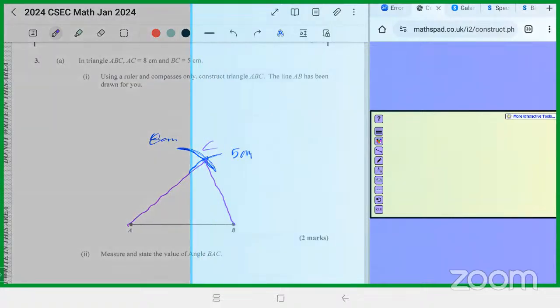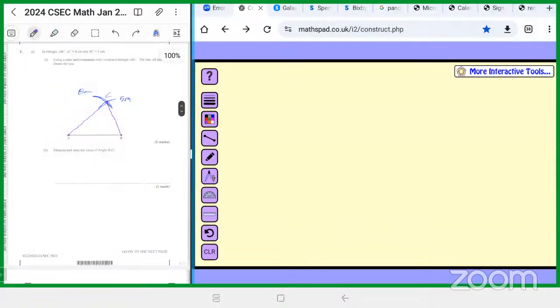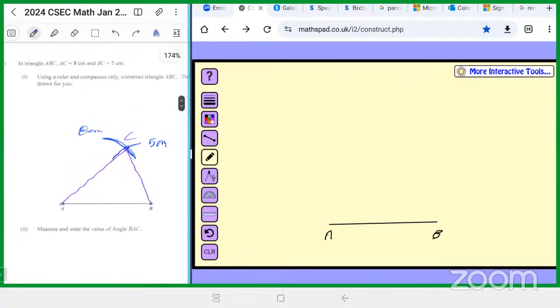I'm just going to draw a random line to begin with. Let's say that is our line AB. Let's say this is a point A, and this is a point B, and we are trying to just do this construction.